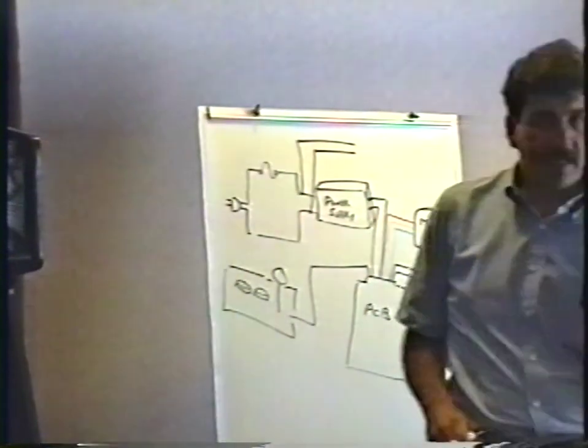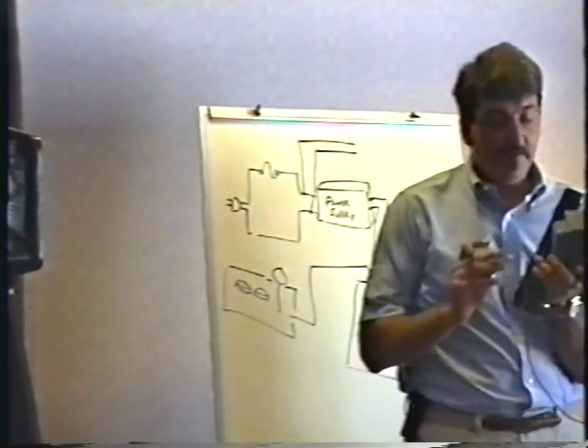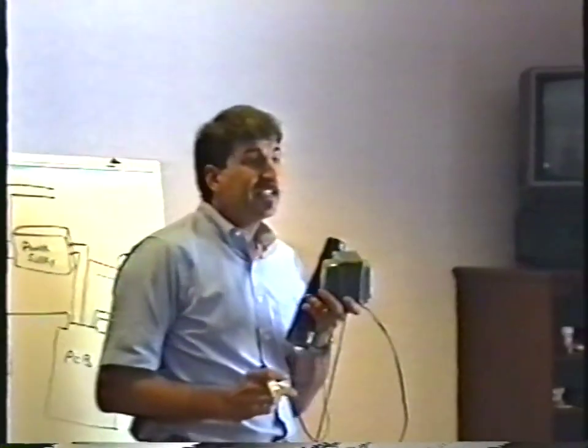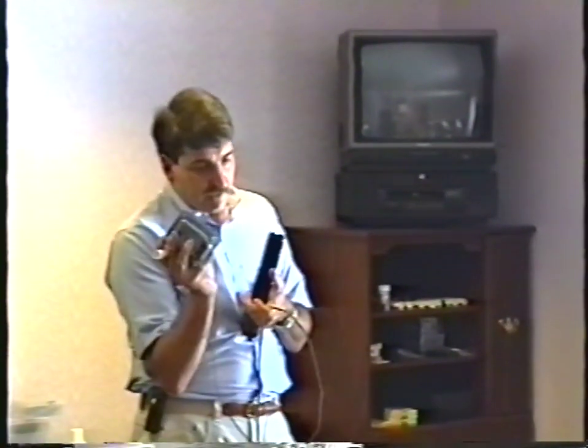In this case, every video game is powered by a transformer like this. It's called an isolation transformer. It's a safety transformer. There's an article in your blue book about isolation transformers. Hopefully I'll point it out to you a little later on. In every single video game, the monitor is powered by the isolation transformer.